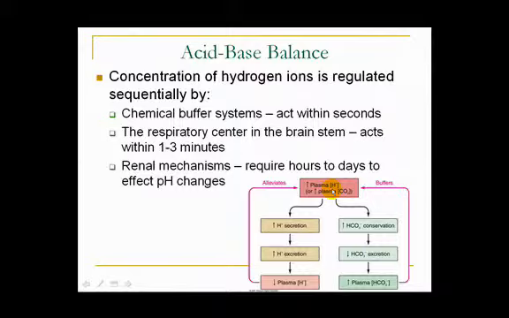Well, if you have an increase in hydrogen ion concentration, then you're going to want to increase hydrogen ion secretion and get rid of them, excrete those extra hydrogen ions in the urine. Or, you're kind of doing both, increase your bicarbonate conservation, because bicarbonate acts as a base by binding hydrogen ions. Okay, so I want to conserve it, and you'll find less bicarbonate in your urine. Okay, and that's going to alleviate your acidosis.